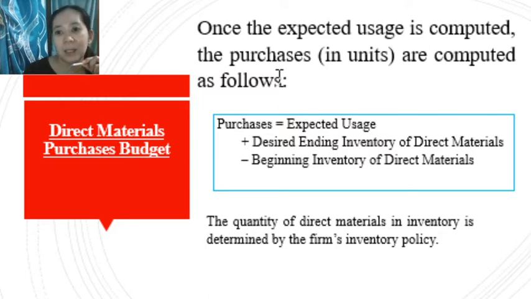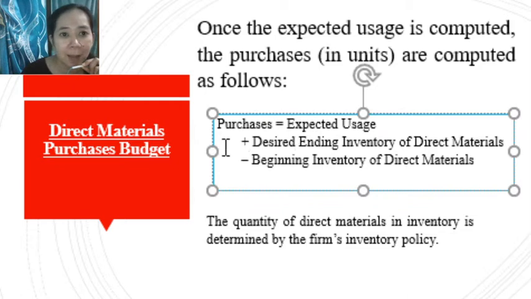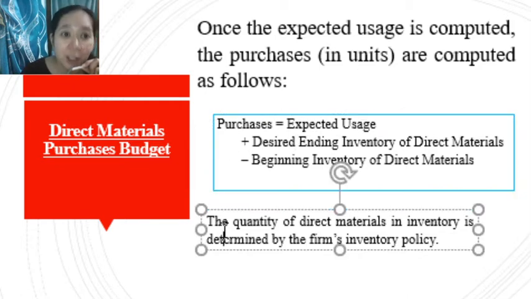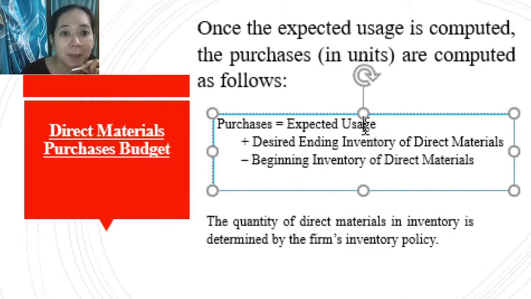To determine that, purchases is equal to expected usage plus the desired ending inventory for our direct materials, minus the beginning inventory for the direct materials. If you could notice here, the formula for the purchases of direct materials is the same as that of our production budget.